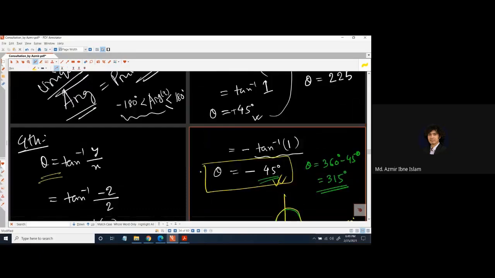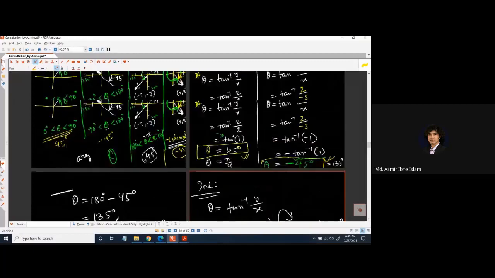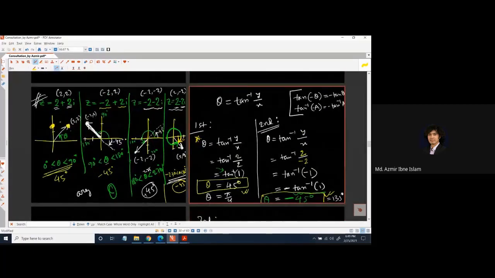So this is the short overview of a complex number that can be in any of the quadrants, maybe first quadrant, second quadrant, third quadrant, and fourth quadrant. So now the time is yours. You can think about some problems and try to find the argument based on today's discussion.